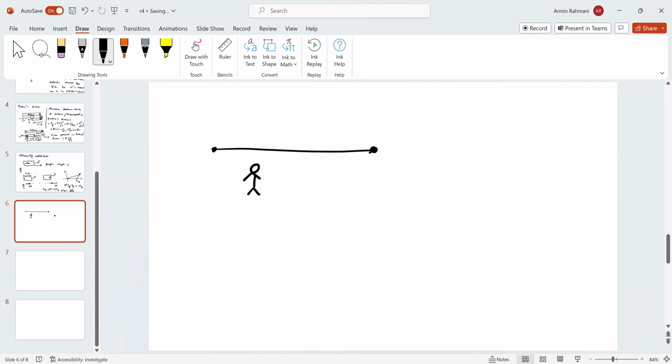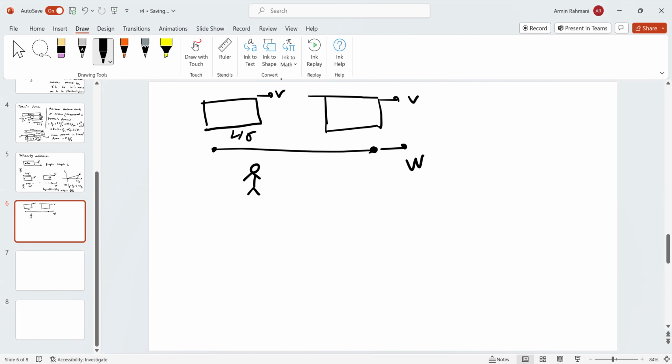There's going to be this velocity W that this person would observe for the motion of that object that's thrown inside the train. There is this train that's moving with velocity V. The train has a length L over gamma according to this observer on the ground.